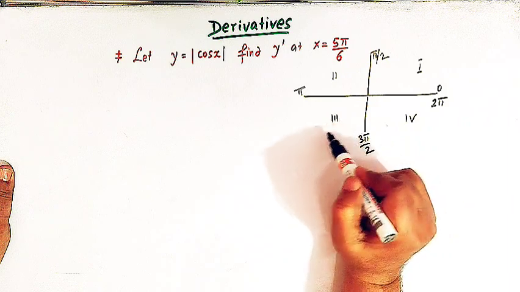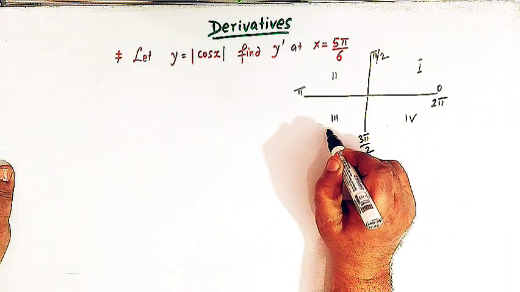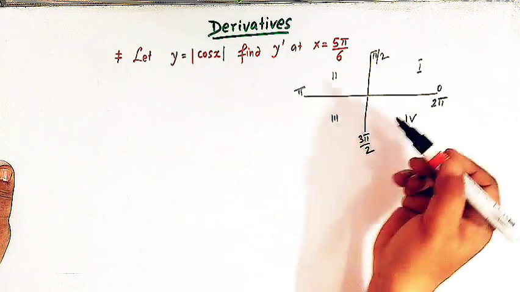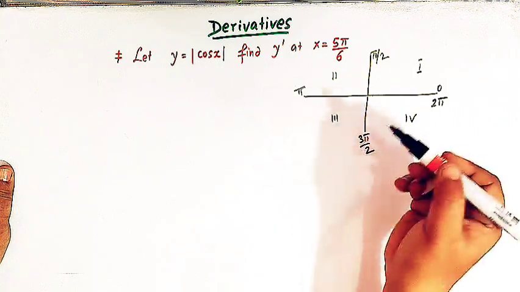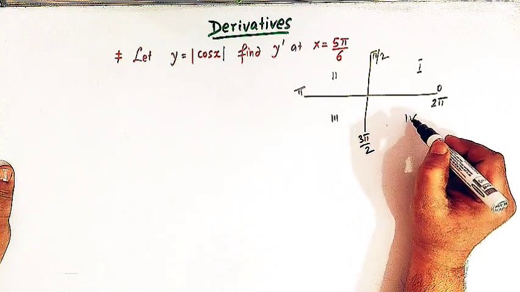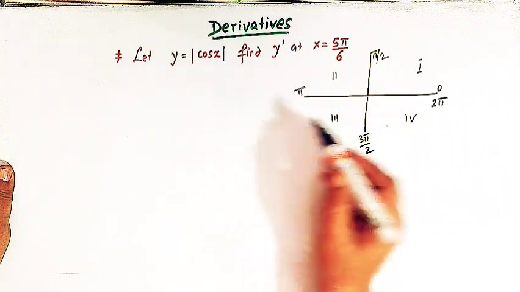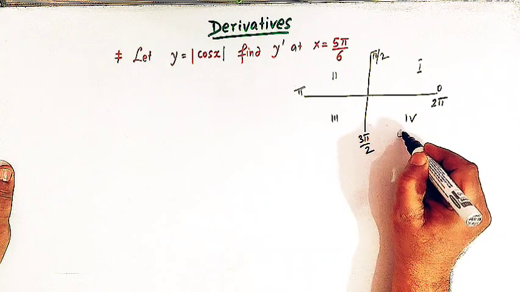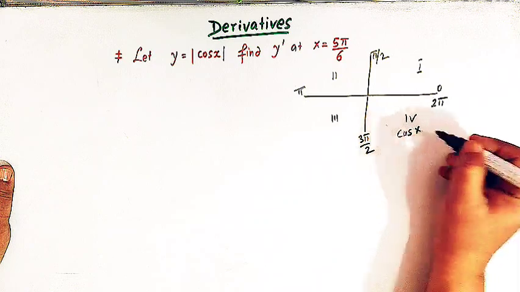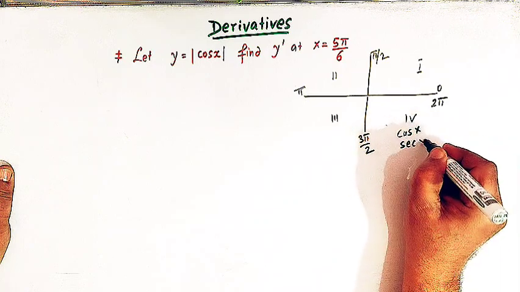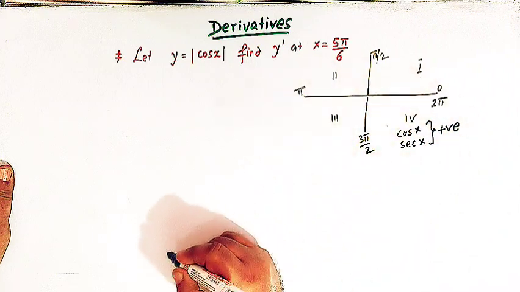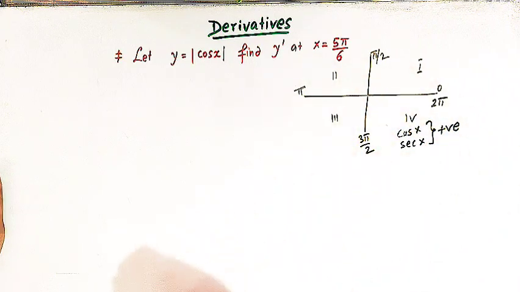In the third quadrant the tan function and the cot function are positive, and the other four are negative. In the fourth quadrant cos x and secant x are positive, and the other four trigonometric functions are negative.